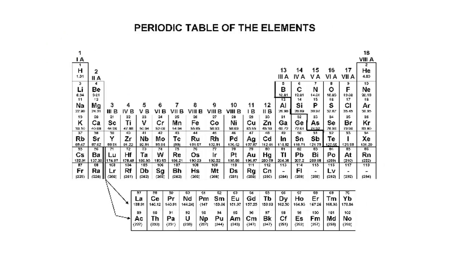Now oxygen has 6 electrons. Let's go back to the periodic table and look. Here's oxygen, and oxygen is in group 6A, so you know oxygen is going to have 6 valence electrons. So here's oxygen.